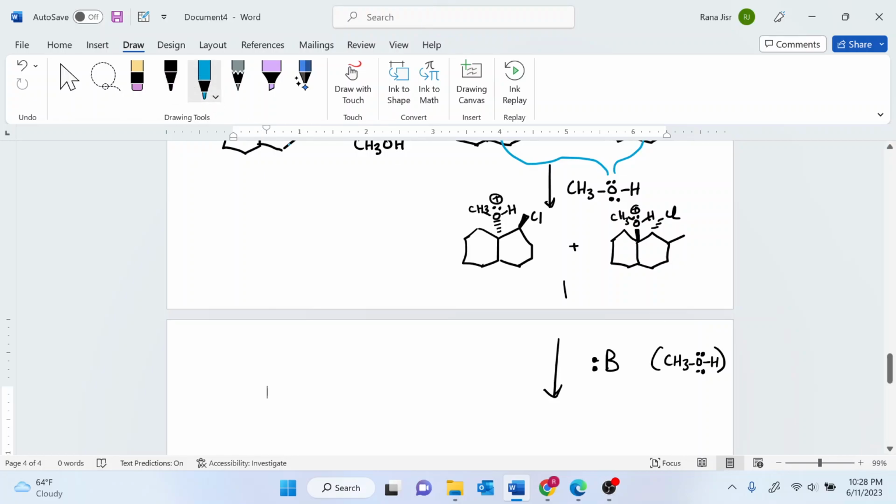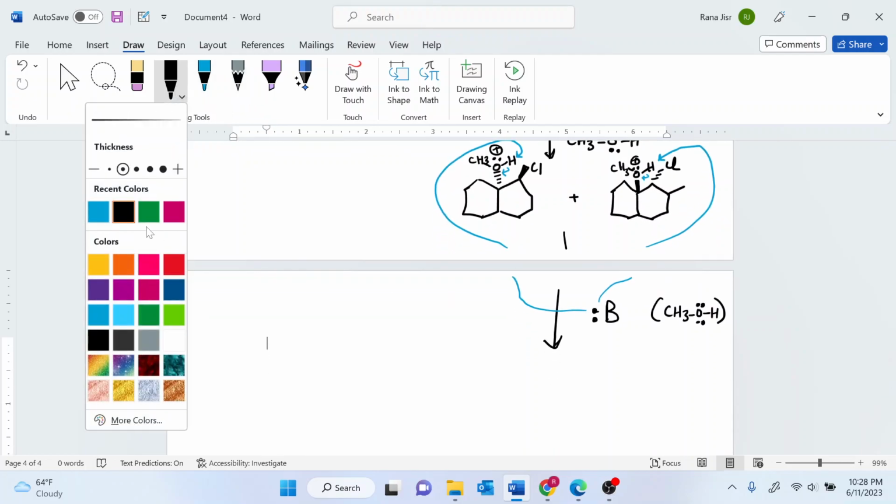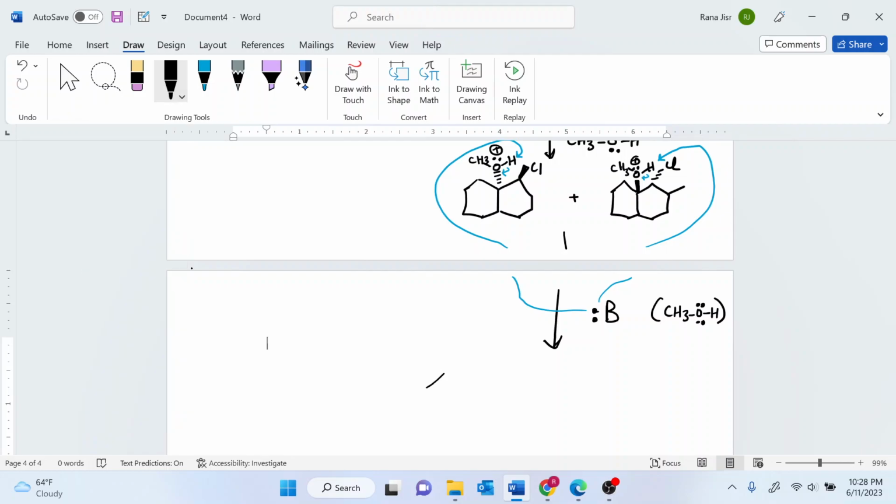So that base is going to come, and it's going to attack the extra hydrogen here and form a lone pair on the oxygen, or it's going to come over here and take this hydrogen and form a lone pair on the oxygen. So you are going to end up getting 2 products in this case, and these are going to be your neutral products. You always stop your reaction whenever your final product is a neutral product that has no charge.